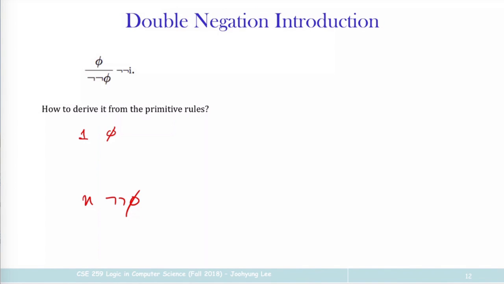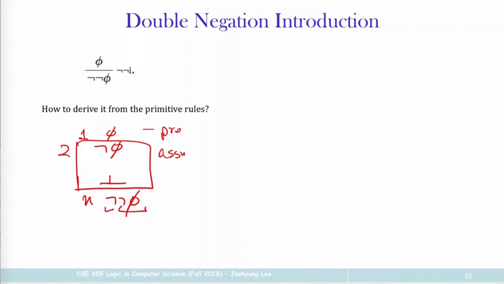Negation introduction rule. Good. Because this one has the negation of some formula, I can use the box. If I assume negation of phi and I can derive bottom, that allows me to derive the negation of that negation of phi. So this is my assumption, and this is the premise.